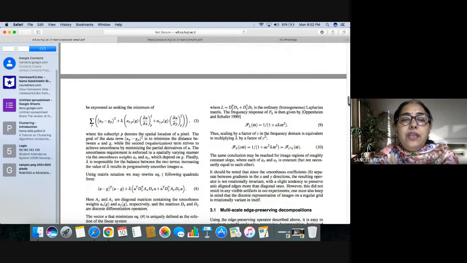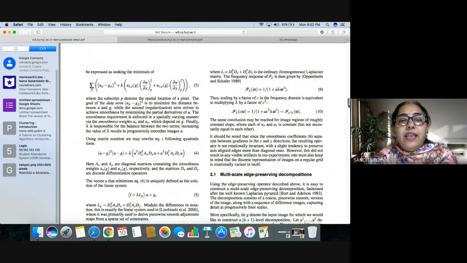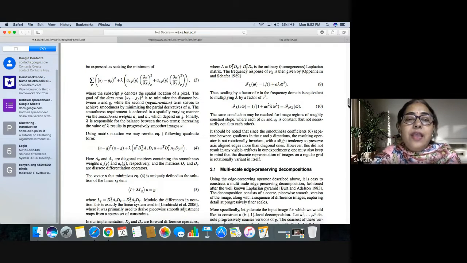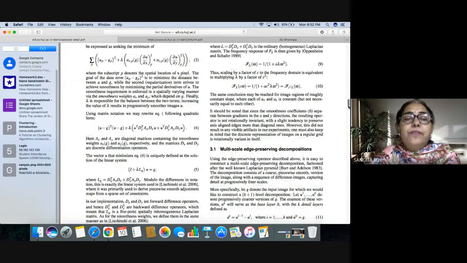So using the matrix notation, we can rewrite this as equation 4. Finally, we get a vector u, the new image, in such a way that we have to minimize equation 4, and the solution of this equation is given by (I plus lambda Lg) u equal to g, where I is the identity matrix and Lg is equal to dx transpose ax dx plus dy transpose ay dy.